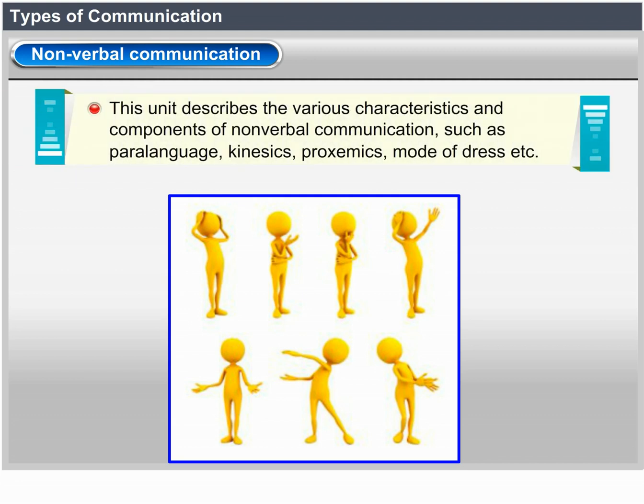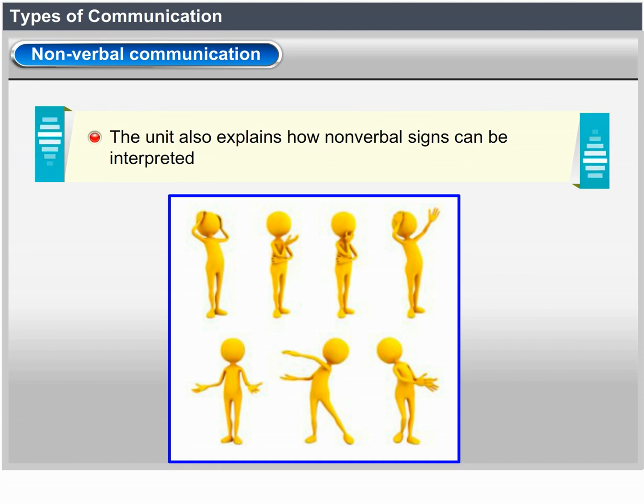This unit describes the various characteristics and components of nonverbal communication such as paralanguage, kinesics, proxemics, mode of dress, etc. The unit also explains how nonverbal signs can be interpreted.